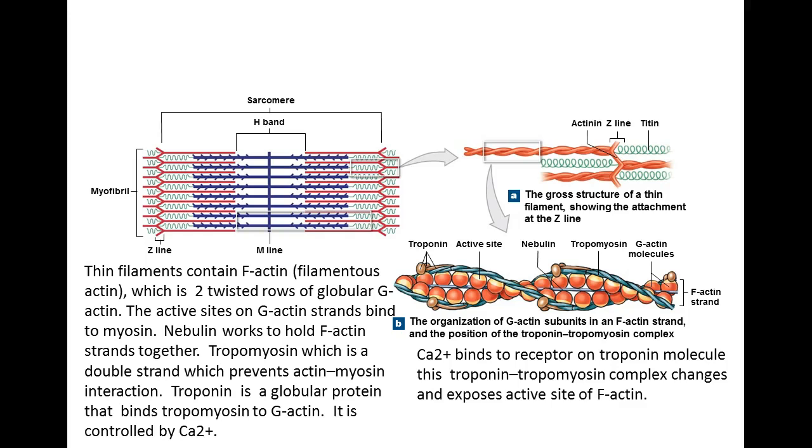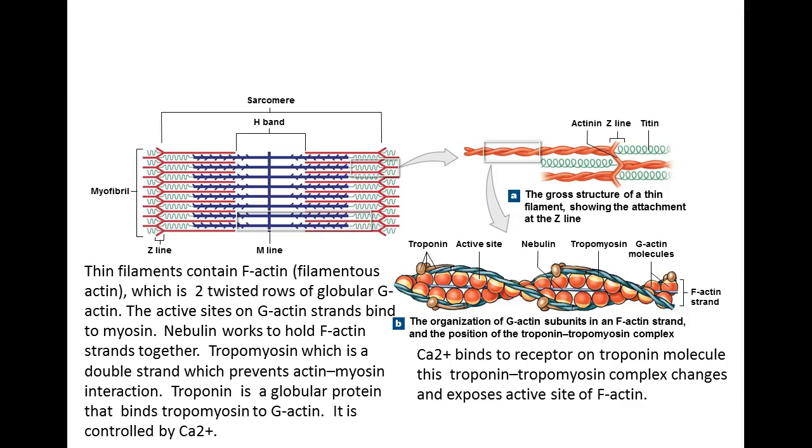But these bonding sites are controlled, or maybe regulated, by this tropomyosin, which prevents the interaction between actin and myosin, so between thick and thin, and then basically a lid on the tropomyosin, which is troponin.